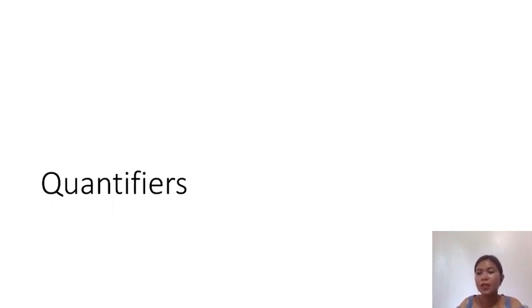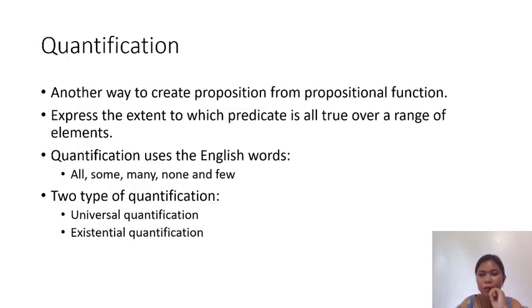However, there is actually another way to create a proposition from a propositional function, and we call it the quantifier. Quantification is another way to express or create a proposition from a propositional function. It expresses the extent to which a predicate is true over a range of elements.